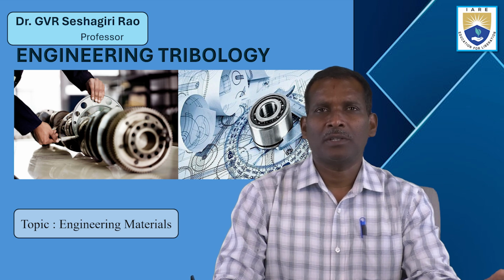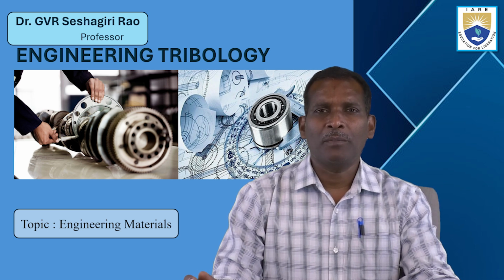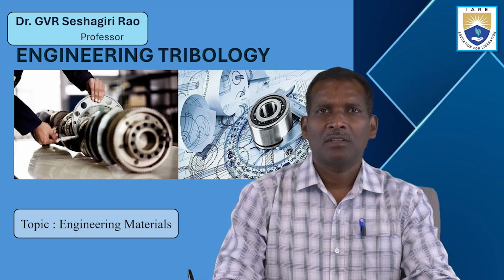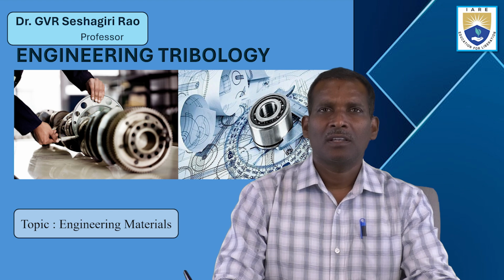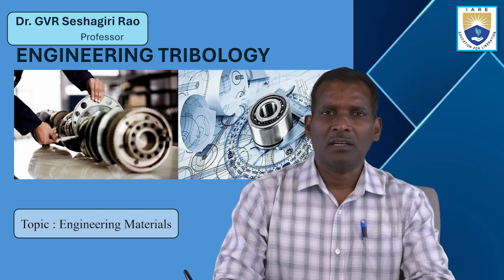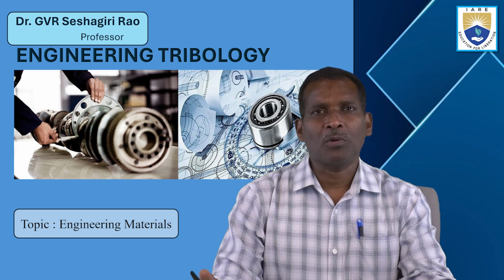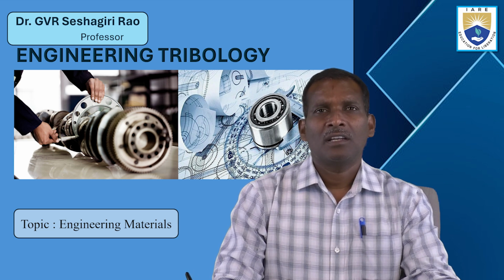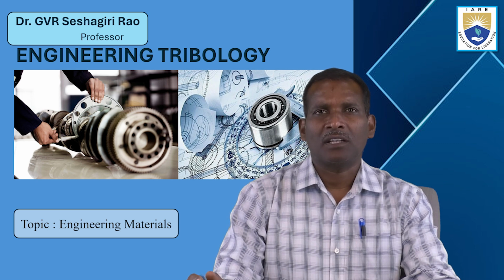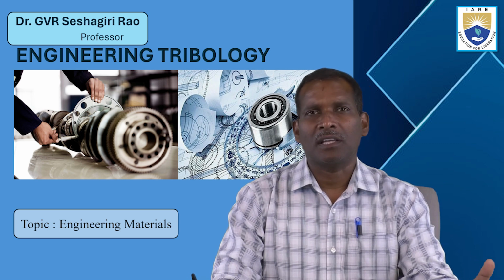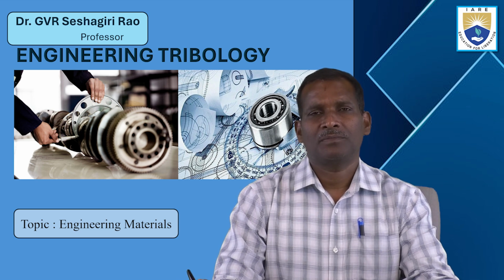Suppose you want to design an engine, which type of material is required? What are the operating conditions, and what are the environmental conditions? Which type of load is acting, and what are the forces acting on that particular element? All these things depend upon the material selection.